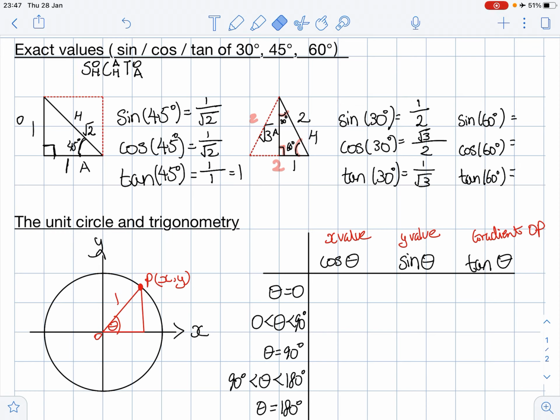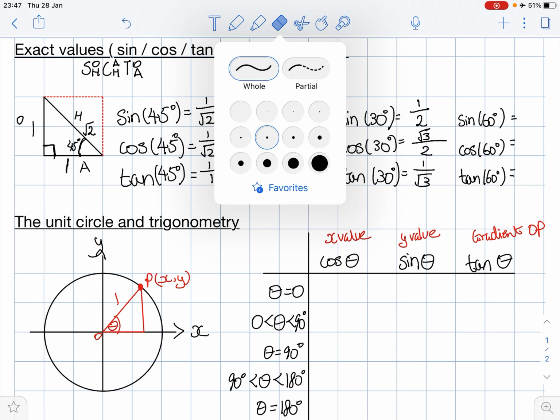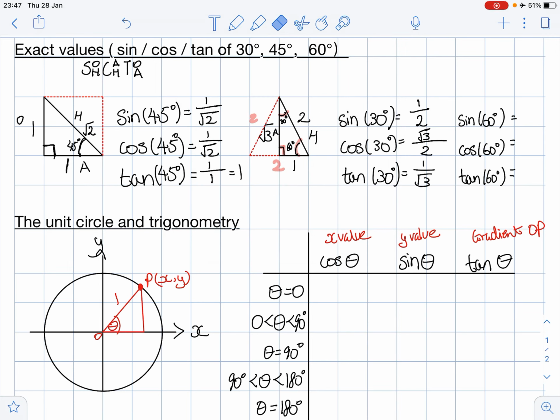Then we're going to look at how to find sine 60, cos 60 and tan 60. So for 60, this is our opposite, and this is our adjacent. So again, sine is O over H. So O is root 3 and H is 2.